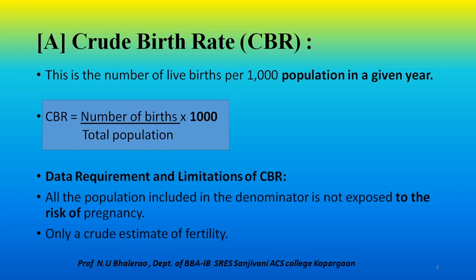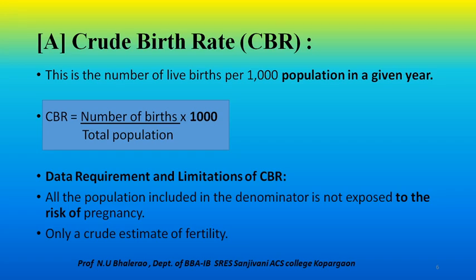It is only the theory part of our subject, but for our syllabus it is essential to know how you can calculate it, or how the government of India or the government of any nation calculates it with the formula. The perspective is many times different, but we have to be familiar with our syllabus content. So the data requirement and limitation of CBR, in a very simple mode, is that all the population included in the denominator is not exposed to the risk of pregnancy.